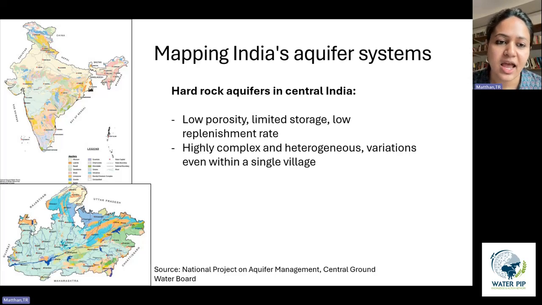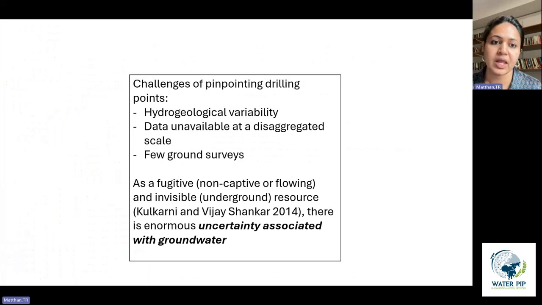Okay, great. So as I said, it's extremely differentiated and even over small distances, right? And that's important to keep in mind when we're thinking about how smallholders can access groundwater.